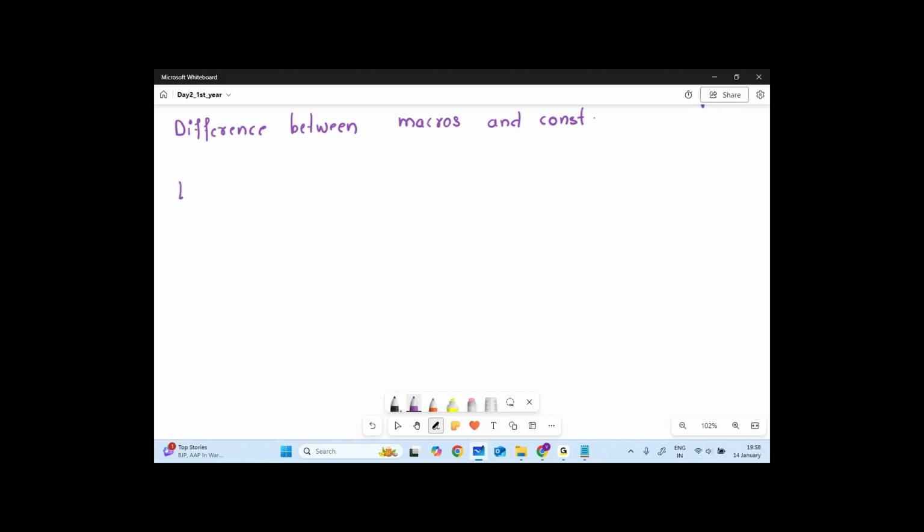Let us take an example here. #define MAX 10, and as the other example, const int i = 5.